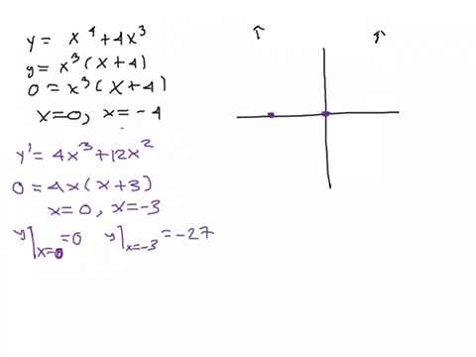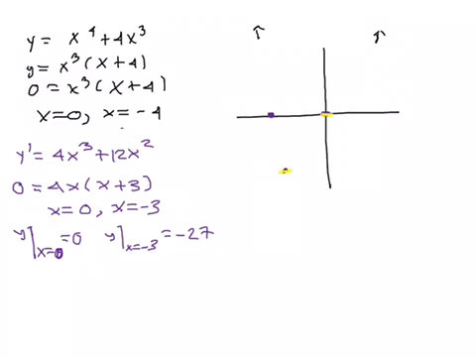Well, that tells me that there's a horizontal tangent to the graph at (0, 0), and at (-3, -27) down here, by the way, not drawn to scale. Definitely not drawn to scale.